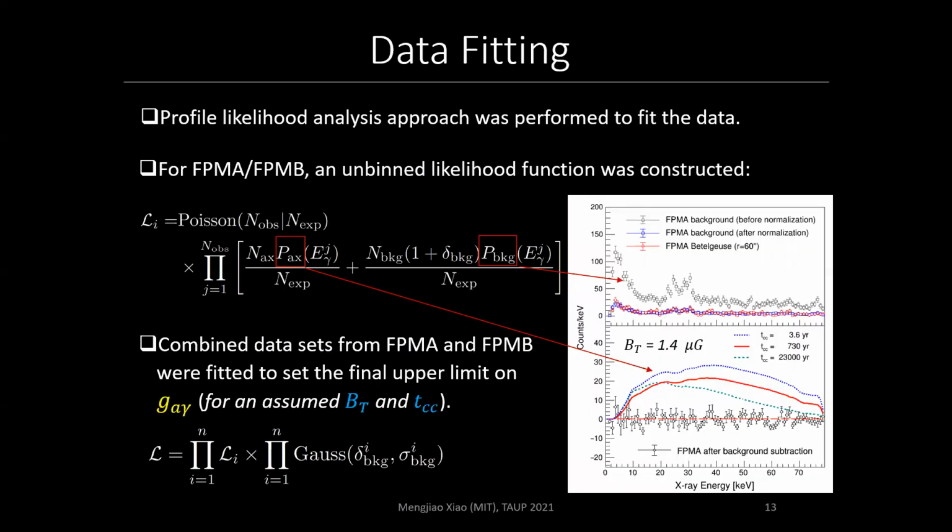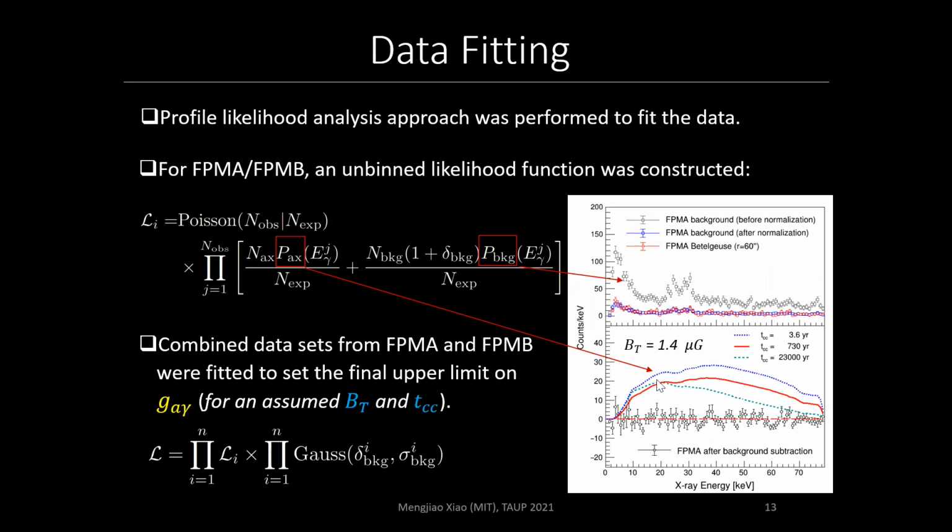To interpret the data, we performed a profile likelihood analysis for data fitting. For FPMA and FPMB, the binned likelihood function was constructed like this. Here, N_ax is the predicted axion counts and N_bkg is the expected background counts with their PDFs respectively. In our analysis, the signal PDF was derived from simulation.